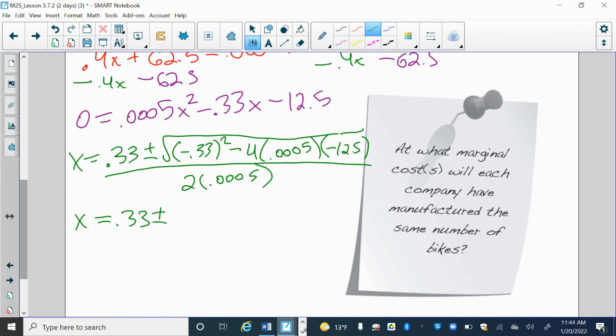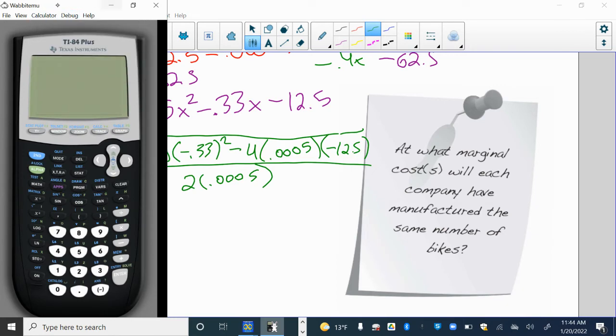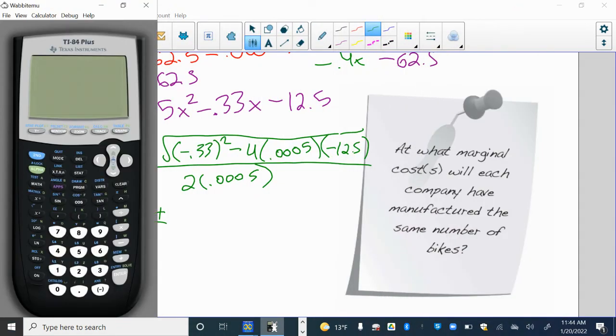At this point, I'm going to my calculator. I'm just carefully typing in this really big square root. I'm going to add another parenthesis. I'm going to put in negative 0.33 squared.